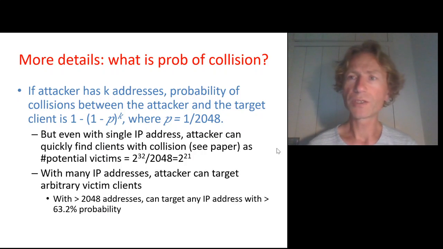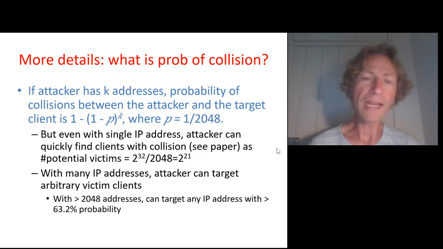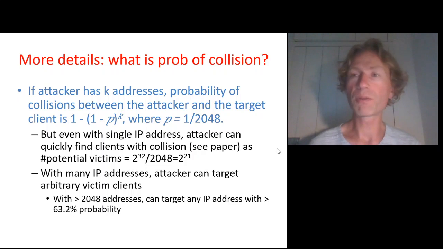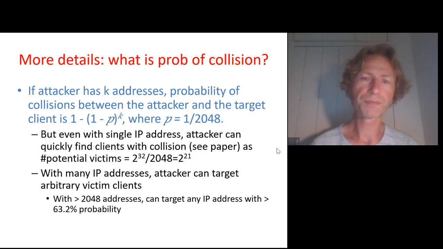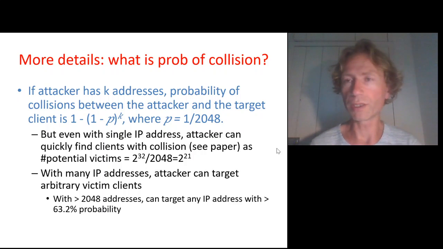So you need a few thousand IP addresses to attack any target IP address with a probability of 63%. This is definitely not infeasible for even mundane attackers. For instance, you could just rent a botnet with a bunch of IP addresses, and you'll quickly get that.